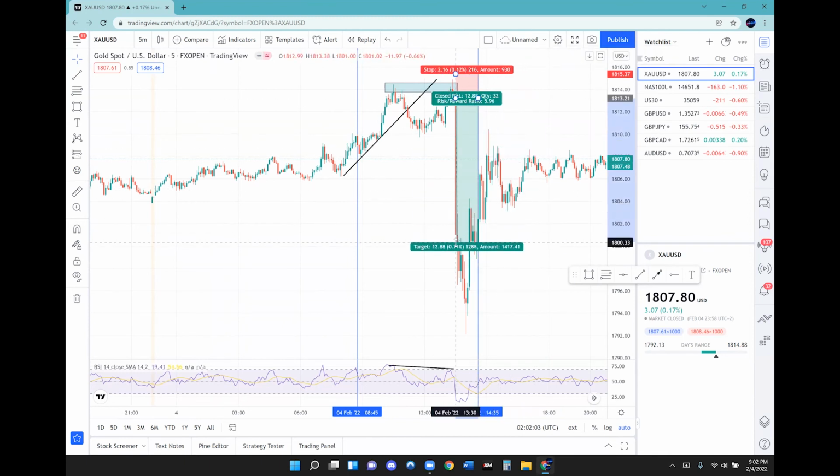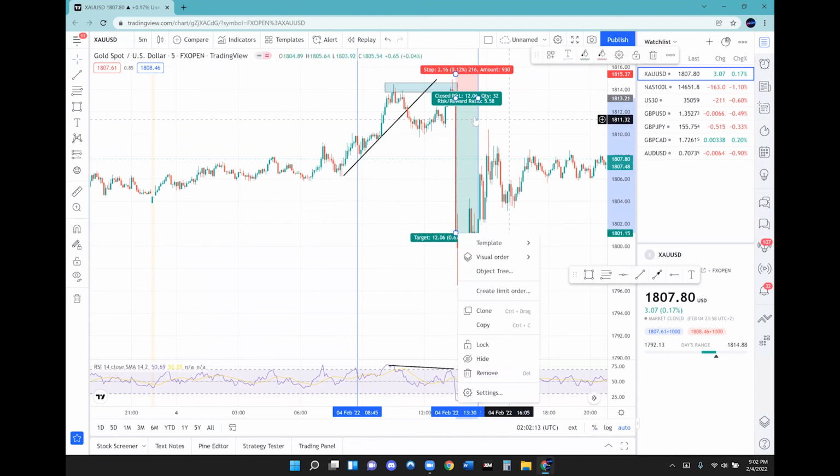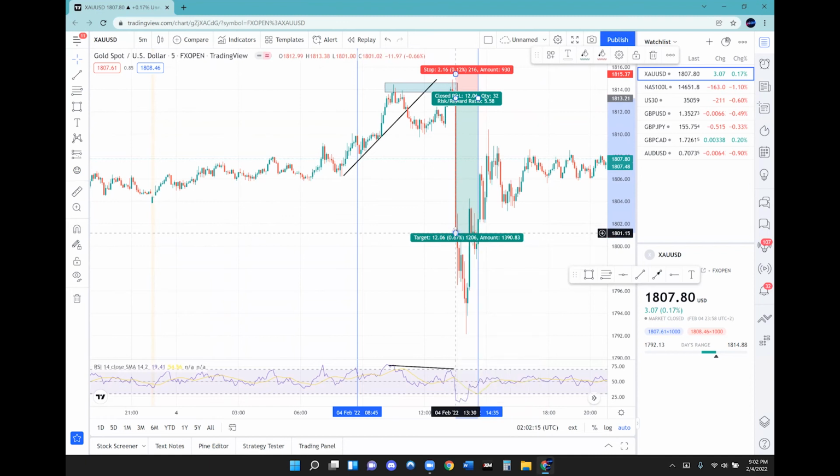All right. And we see price went for about 120 pips within 5 minutes. So that alone is about a 1-to-5, almost 1-to-6 risk reward ratio.